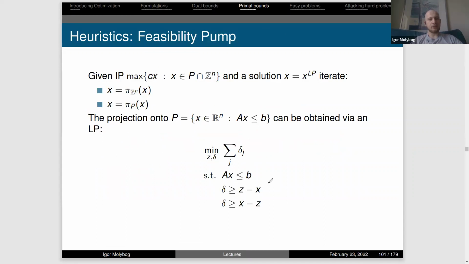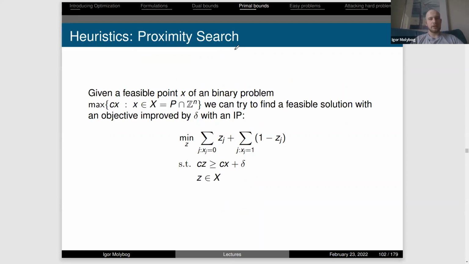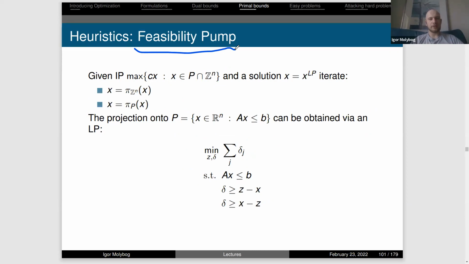There are a couple of examples of heuristics of more complicated nature. I would say that the feasibility pump is the one that is often applied in practice, and so I will try to formulate something that includes the feasibility pump. But I will not guarantee to you that this is something that is going to be included; definitely not going to appear in the midterm exam.